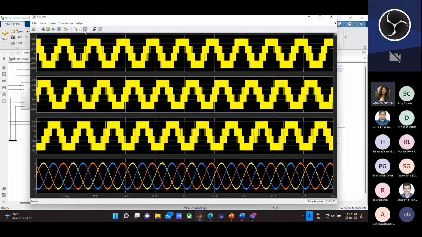Here, the voltage levels, as you can see, are multi-level, in the form of multi-level sinusoidal. I have generated them for 3 phases, phase A, phase B, and phase C. And here, these are the current waveforms for phase A, phase B, and phase C.